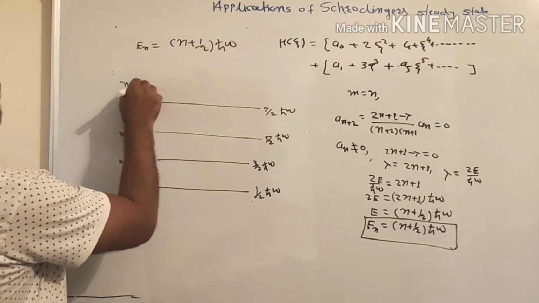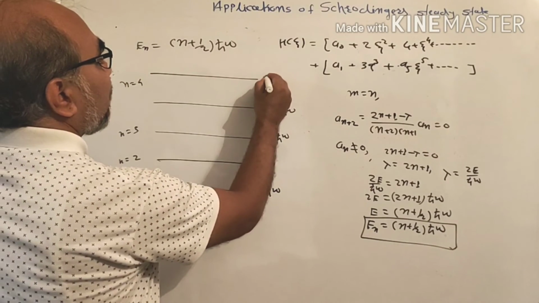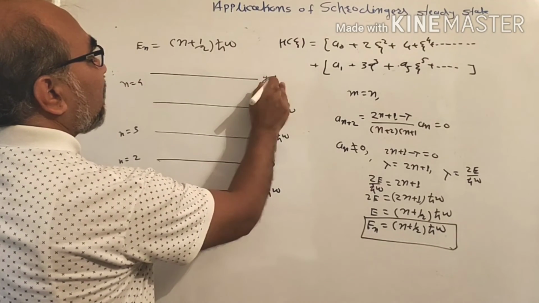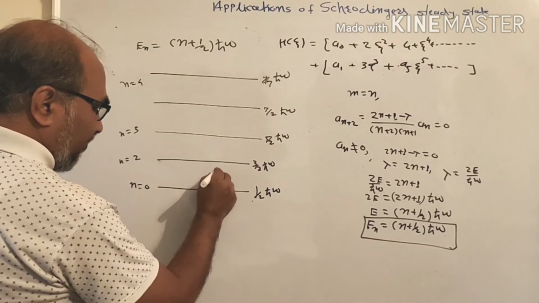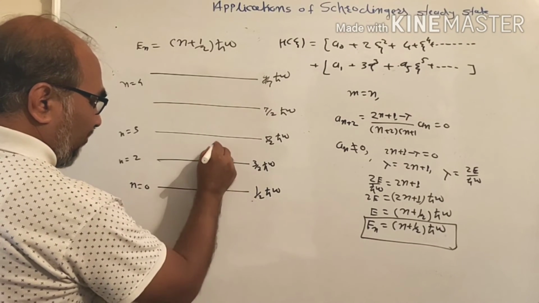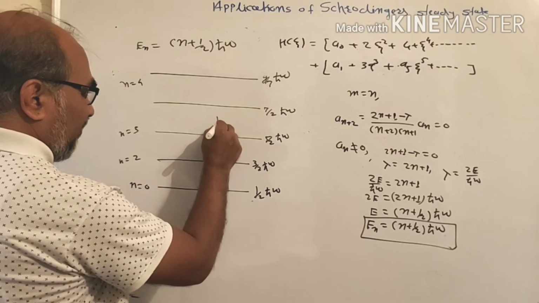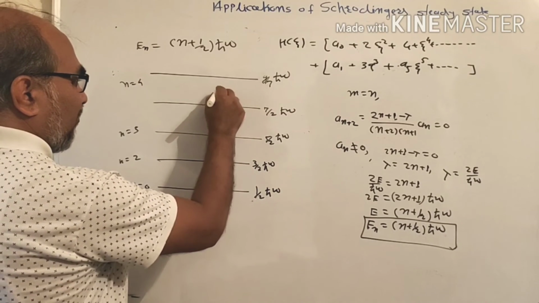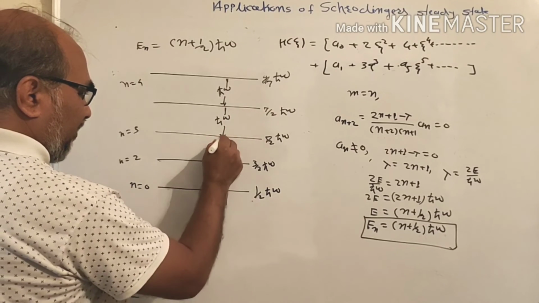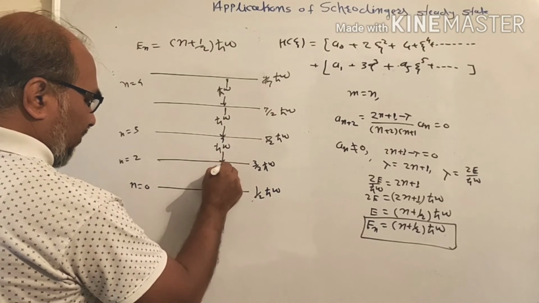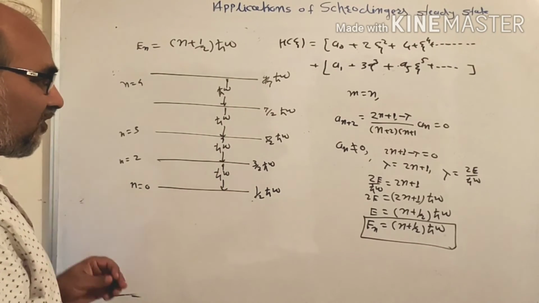N is equal to 4, we get 9 by 2 h cross omega, and the difference between these is h cross omega. So this is called the energy spectrum of the harmonic oscillator.